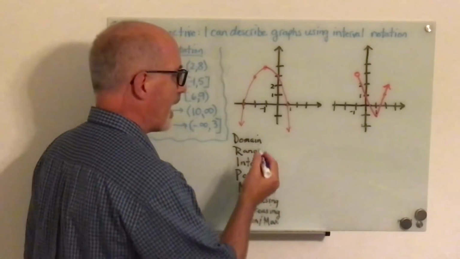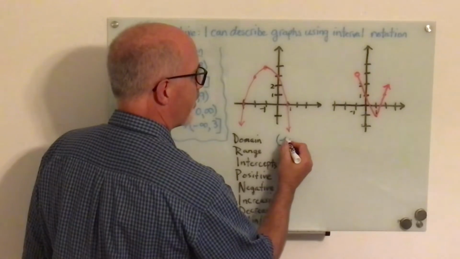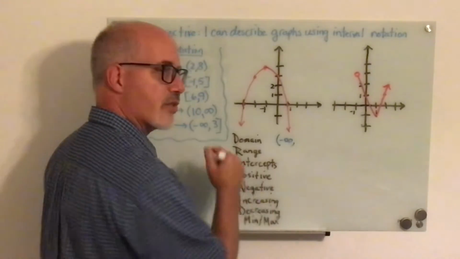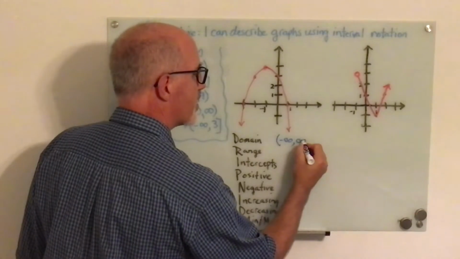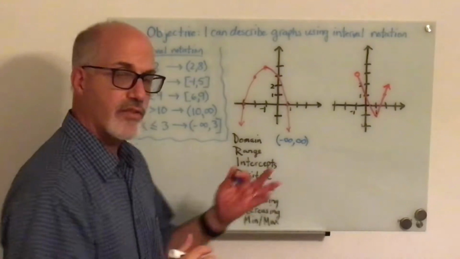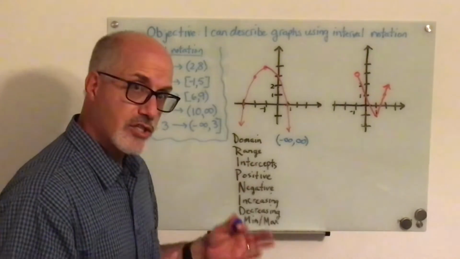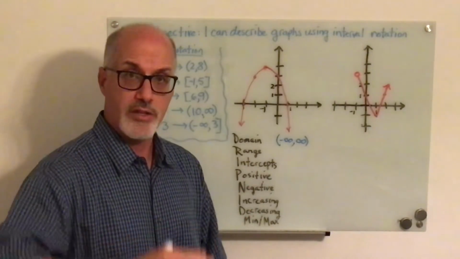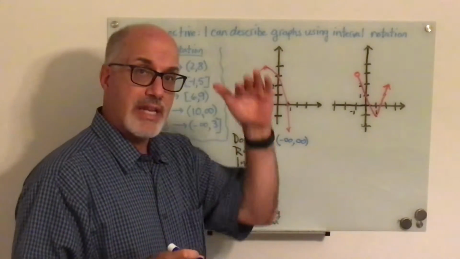So for the domain, how we describe that with interval notation, we say negative infinity on one side because it goes on forever to the left, and then positive infinity to this side because it keeps going on forever to the right. So when we talk about the range though, the range is the y values, the up and downs, domain's side to side. We're going to go up and down now.